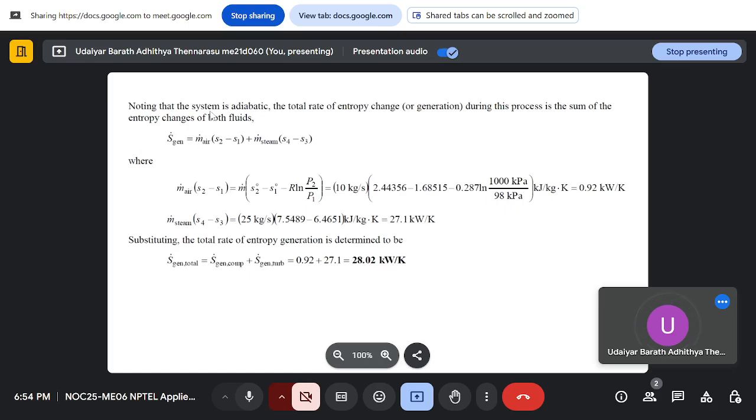So you see the system is adiabatic, so the total rate of entropy change during the process is just the entropy change because of the stream inlet and going out.